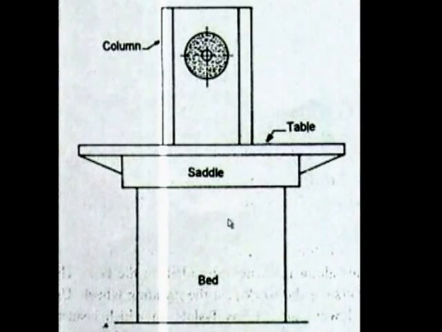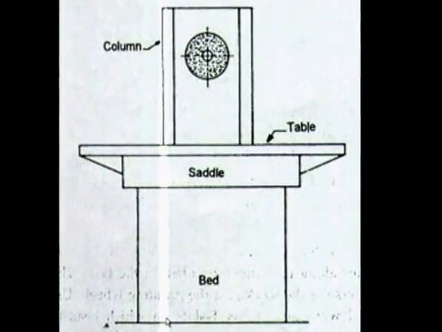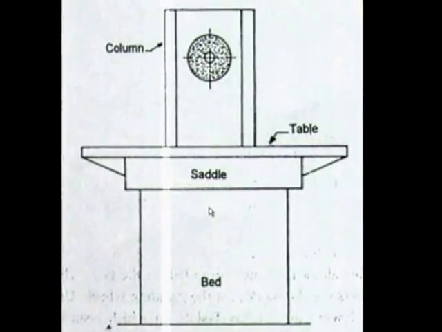Here it is a horizontal spindle; see the bed, saddle, table, column, and here the saddle is on the bed and the workpiece will be put on the table. All the things we studied in the cylindrical grinding machine are the same here, whereas there were 2 tables, here there is 1 table and a saddle, and the table is on the saddle. In the case of universal types we can swivel these tables or workpieces.